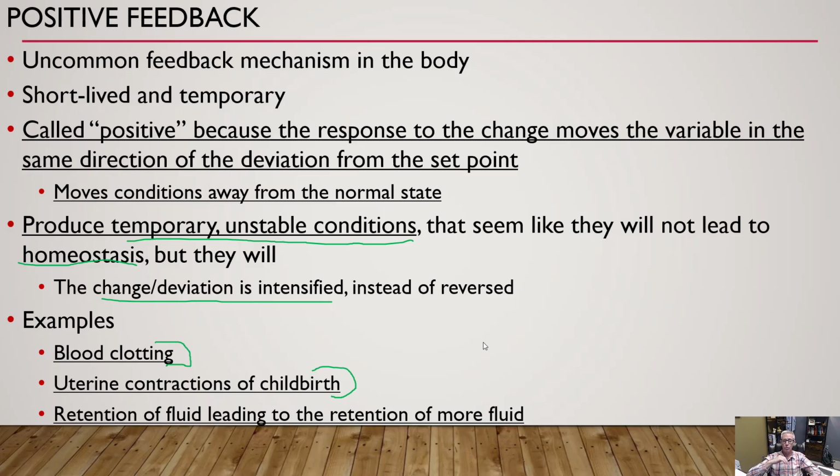The baby's head will push on the cervix a little bit more, send signals to the brain, more oxytocin, more uterine contractions, and the cycle is going to continue, more baby's head on the cervix, more signals to the brain, more oxytocin, until we have enough oxytocin.